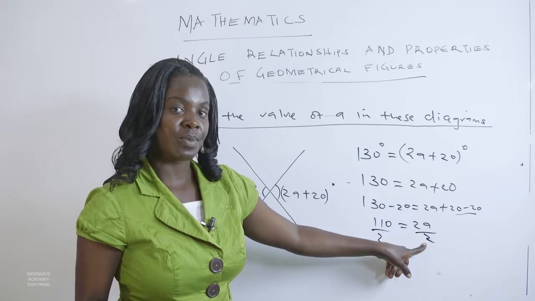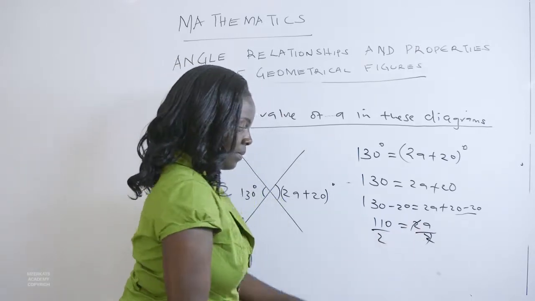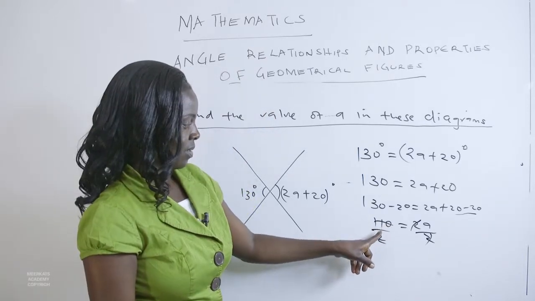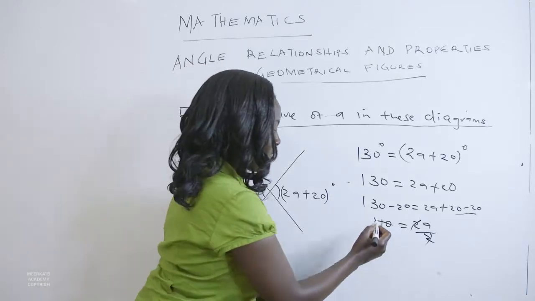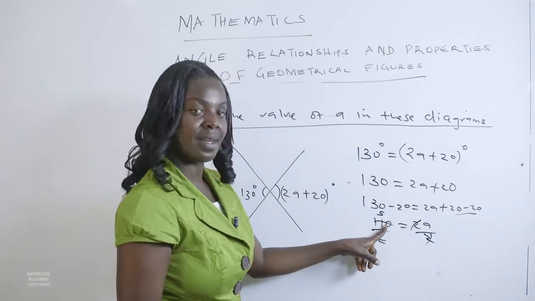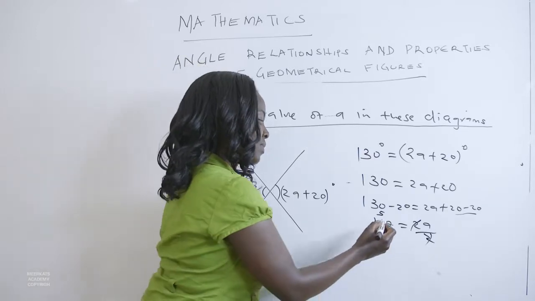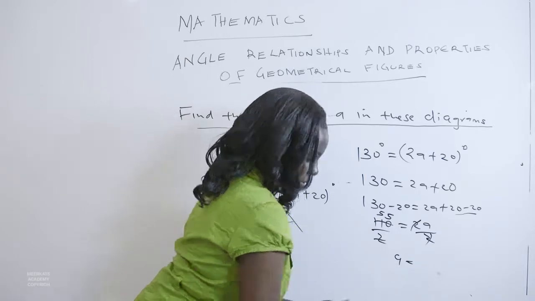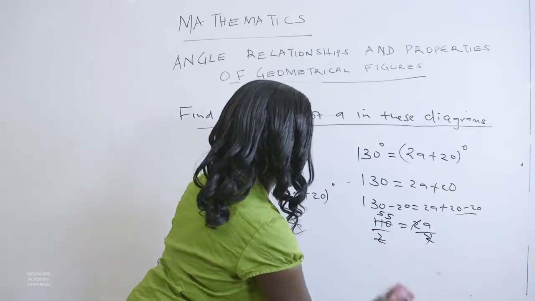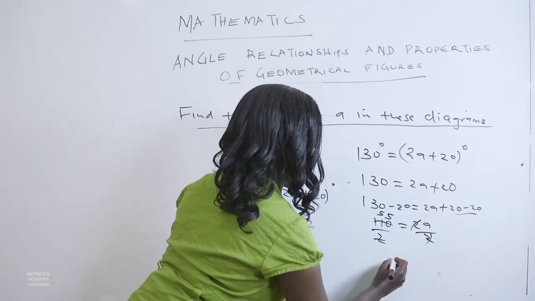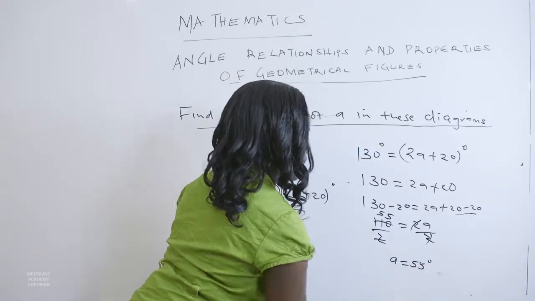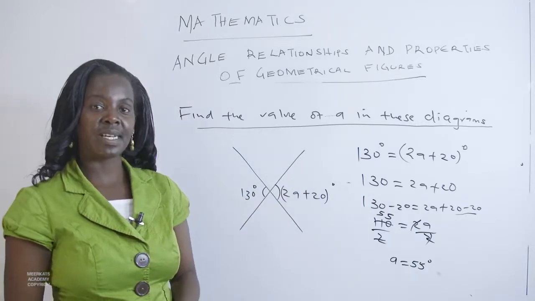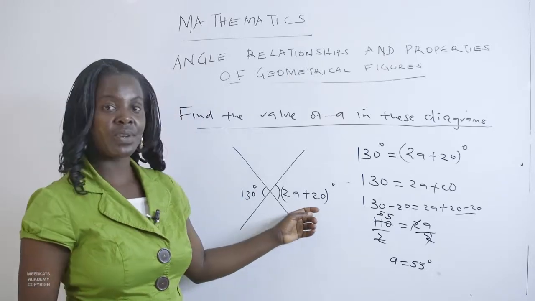So we divide by 2 to remain with A. 11 divided by 2, we'll have 5, remaining 1, then you carry 0. That will be 5 again. So A is 55 degrees. So we are using the knowledge of vertically opposite angles to be able to calculate the value of A.